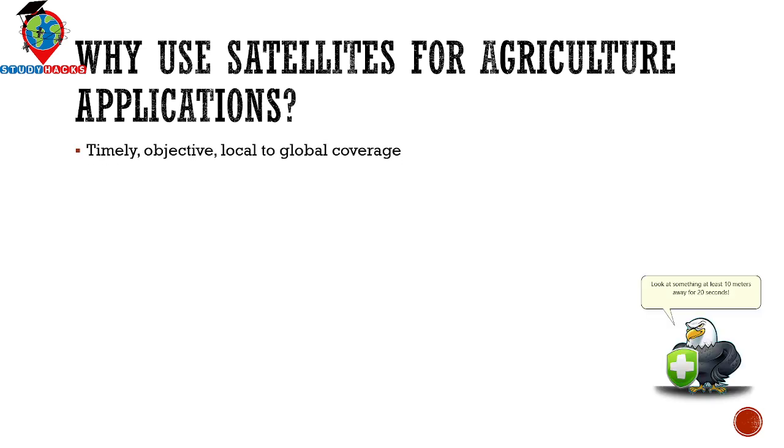So first of all, why use satellites for agricultural application? There are a lot of uses of satellites for agricultural application, such as timely, objective, local to global coverage. Using satellite imagery, we can easily produce crop yield prediction, everything we can easily do using the remote sensing technique, as well as it is very important for observing areas that are inaccessible.